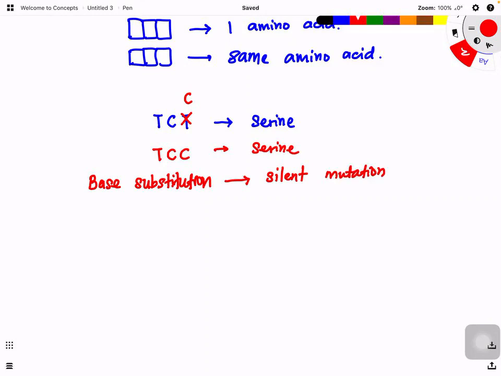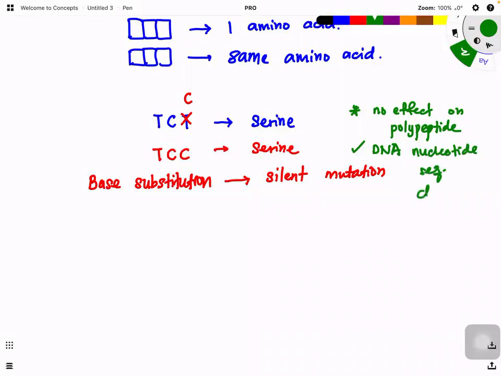What does silent mutation mean? It means the effect of the mutation cannot be detected at the polypeptide level. You go to the polypeptide and check, nothing is wrong. But when you check the DNA, mutation has taken place. So this kind of mutation we call a silent mutation. You see no effect on the polypeptide, but in the DNA the nucleotide sequence is altered.